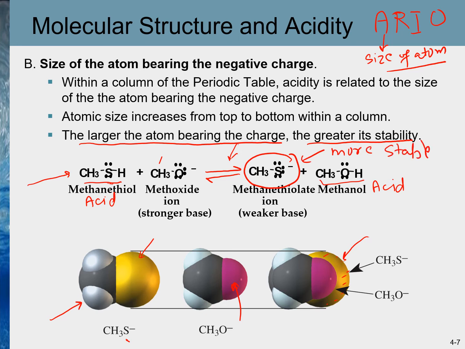More stable means that the acid from where this conjugate base came from is a stronger acid. Therefore, methanol is a weaker acid. So if methanol is a weaker acid, in this reaction the equilibrium will be shifted from stronger to weaker, so it will be towards the right.